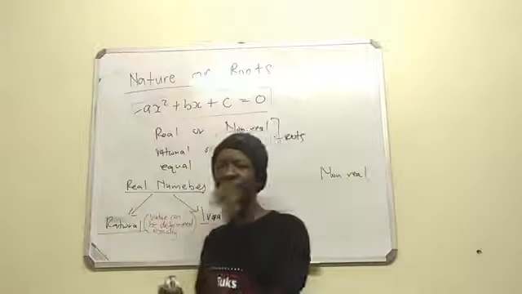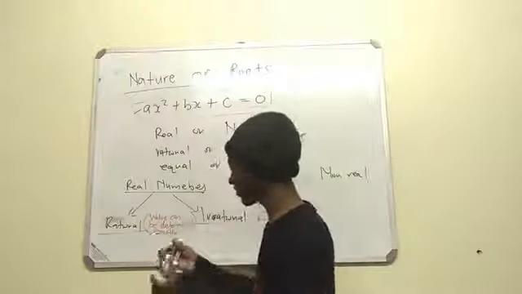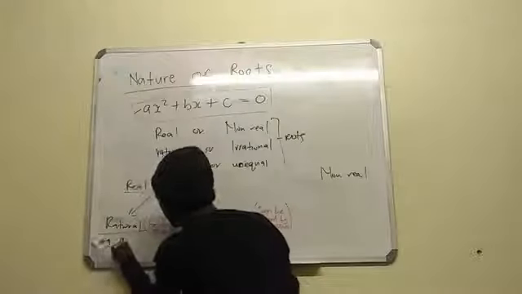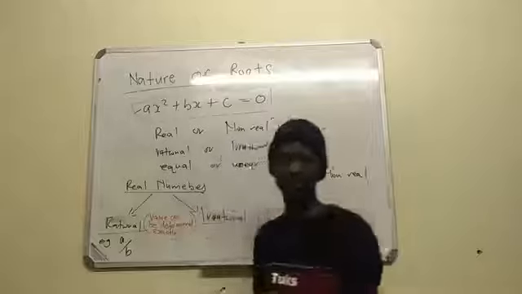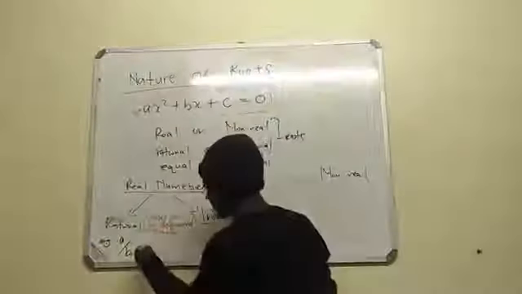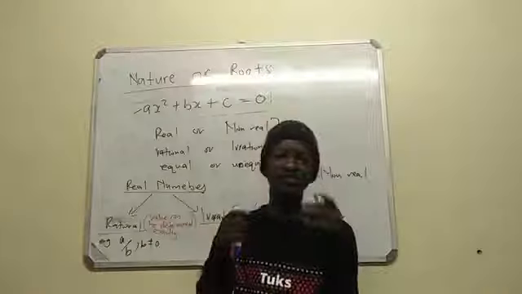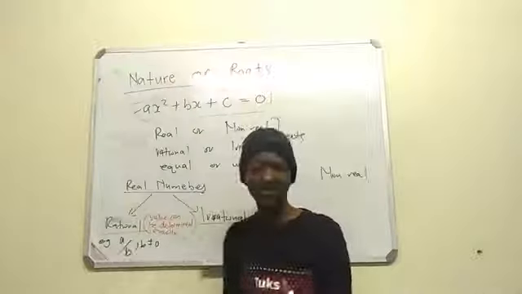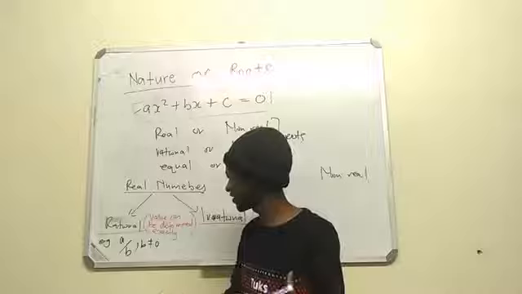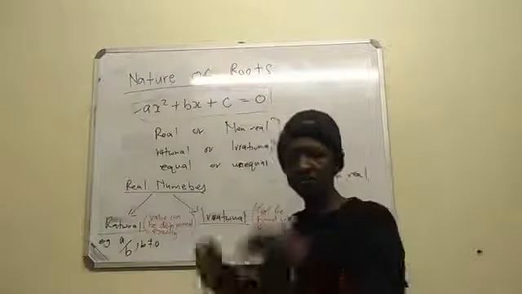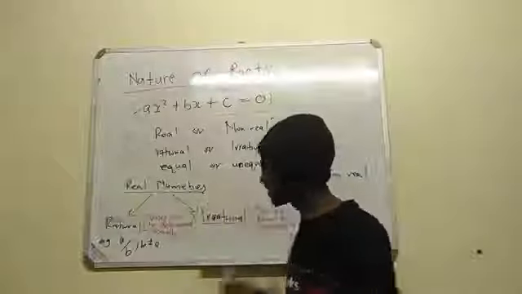So what are rational numbers? Rational numbers are numbers that can be written in the form of A over B. But bear in mind that B cannot be 0, because if B is 0, the number becomes undefined. So rational numbers are values that can be determined exactly.